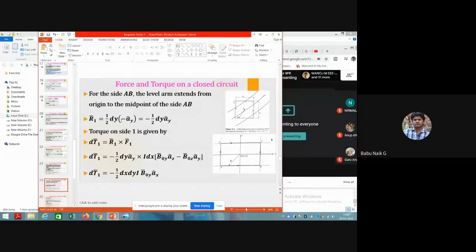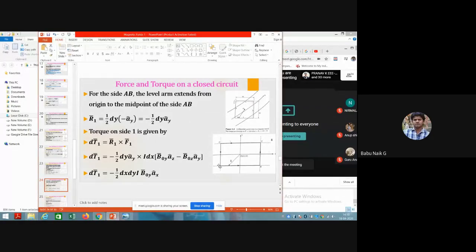Now, what is the unit vector? Considering the center, this side is positive on the y-axis and this one is negative. We are looking from the origin to AB in the negative y direction, so that is minus A cap y, which gives R1 equal to half dy A cap y.